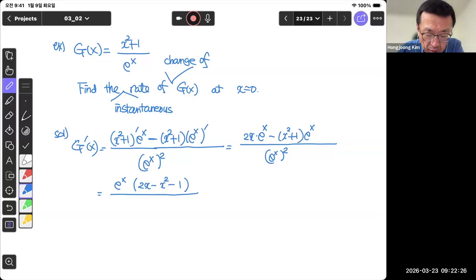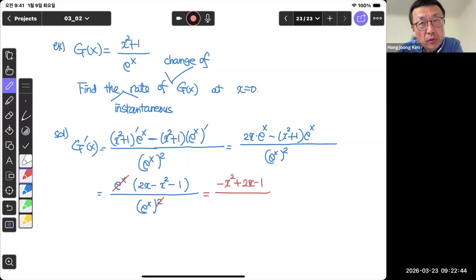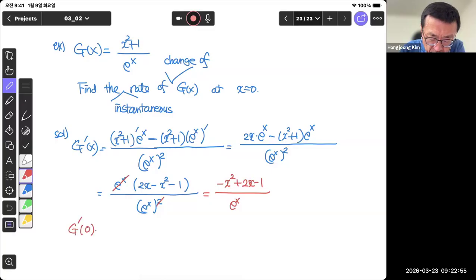And then I have e to the x squared in the denominator. So after cancellation of one copy of e to the x, you have negative x squared plus 2x minus 1 in the numerator, and then I have e to the x. So if I evaluate this g prime at 0, we get negative 0 plus 2 times 0 minus 1 over e to the 0.